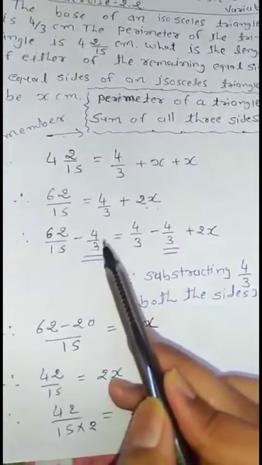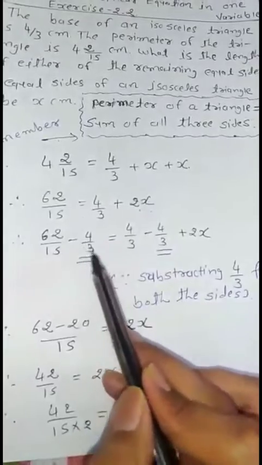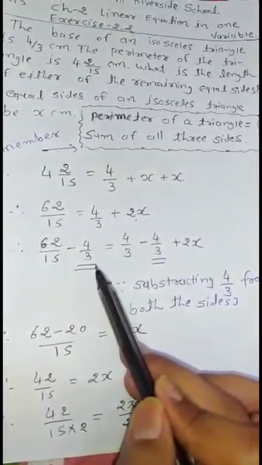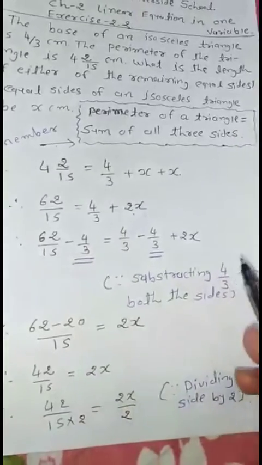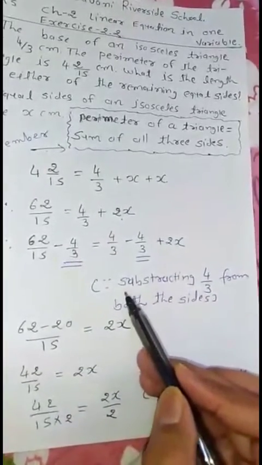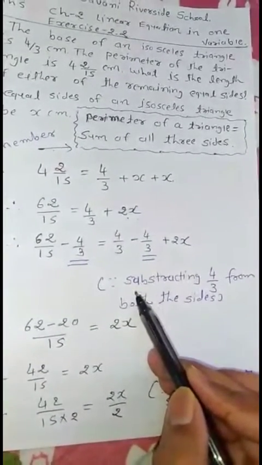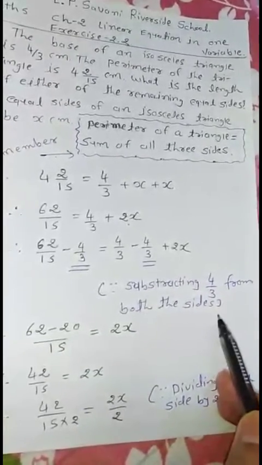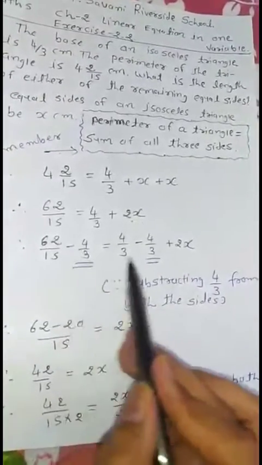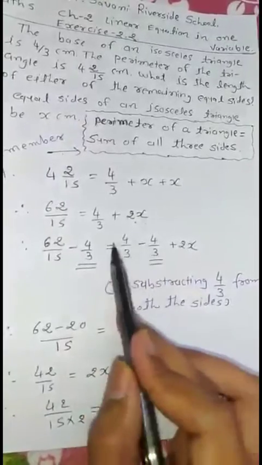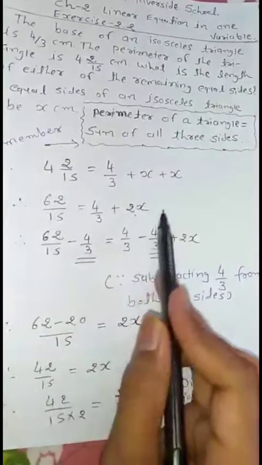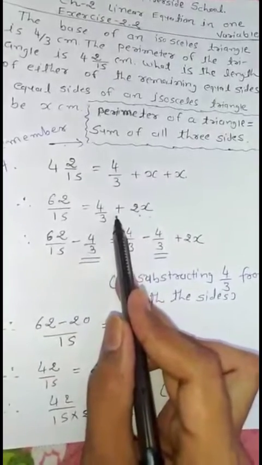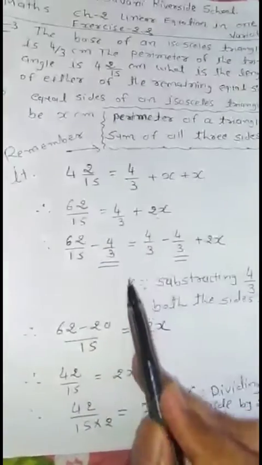After that I subtract 4 upon 3 from both sides of the equation. Here I put minus 4 upon 3 and here also minus 4 upon 3.